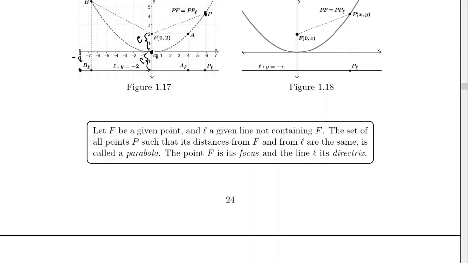As we can see, a parabola does not have a center. It only has a vertex. So it is not an example of a central conic. A central conic has a center, but a parabola has no center in it.